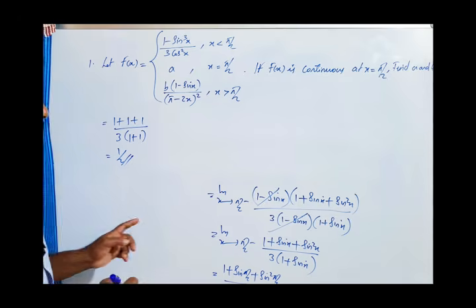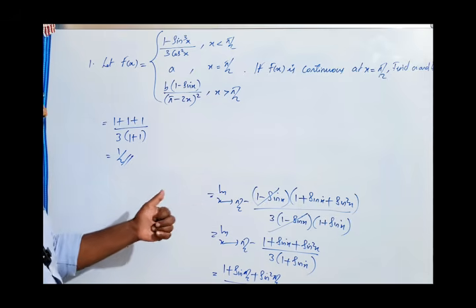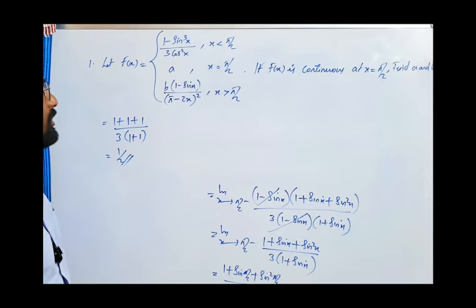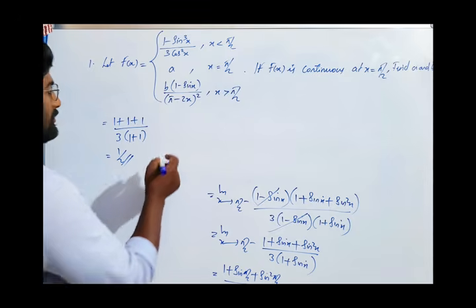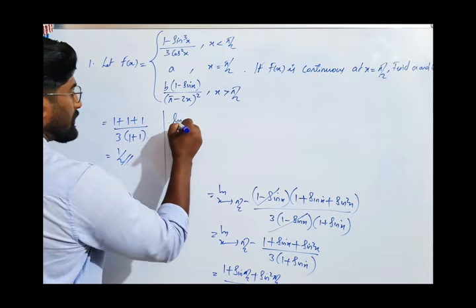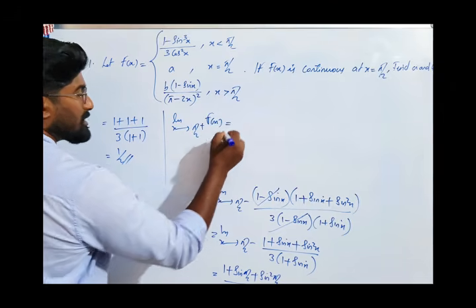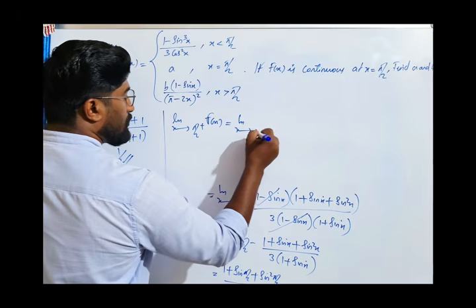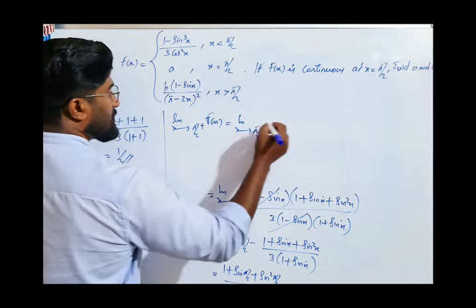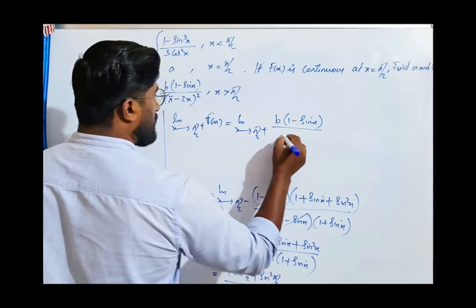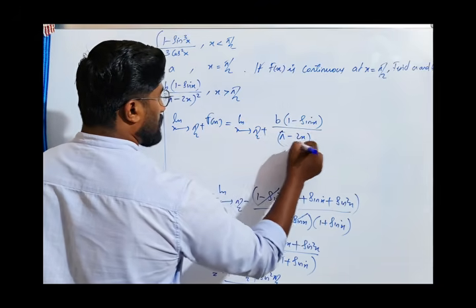So we got limit x tends to pi by 2 minus f of x as 1 by 2, the left hand limit. Now let's go to the right hand limit, that is limit x tends to pi by 2 plus f of x, which is b into (1 minus sin x) all divided by (pi minus 2x) the whole square.